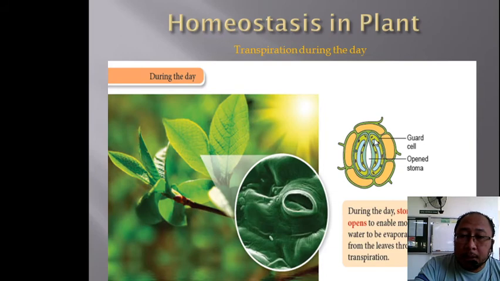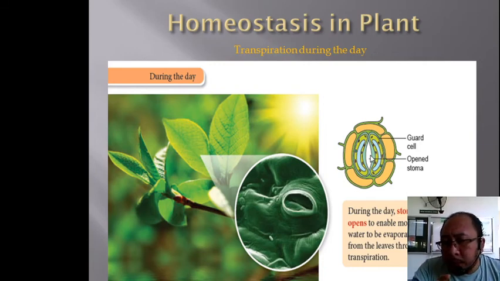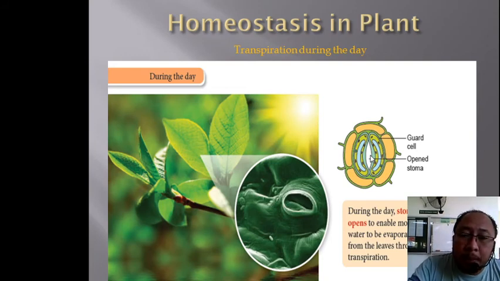So what exactly happens during the transpiration process? In transpiration, water will come out from the stoma. The structure of the stoma is like this, consisting of guard cells, and the guard cells form the opening of the stoma. The guard cells will constrict and relax, so they open and close the stoma, which produces a small tiny pore here.